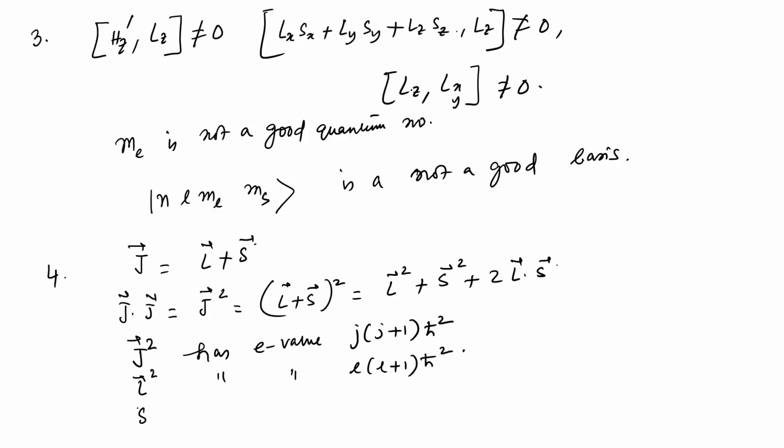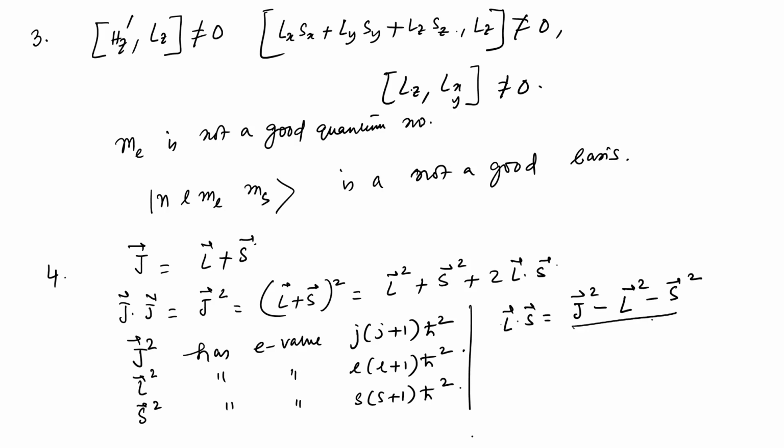So, be aware that sometimes one does not want to carry on with this h cross and puts it equal to 1. S square in a similar fashion is also a good quantum number with eigenvalue S into S plus 1 h cross square. So, your L dot S can be written as J square minus L square minus S square divided by 2.